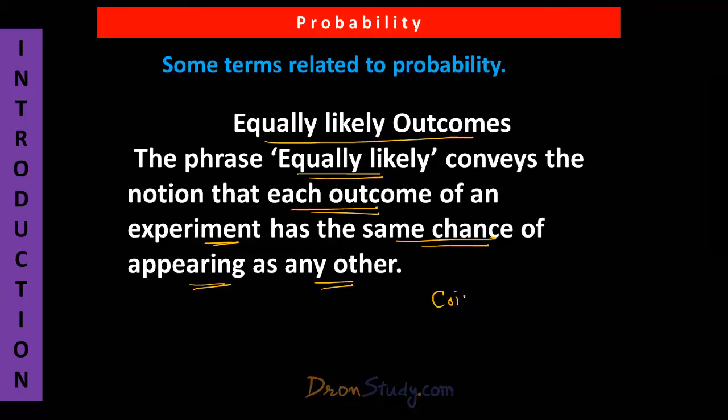Suppose a coin is tossed, either it will be head or it will be tail, and the chances for head and the chances for tail to appear are the same, are equal. This has 50% chance and this has 50% chance. So the chances for both head and tail are the same, and therefore we call them equally likely outcomes.